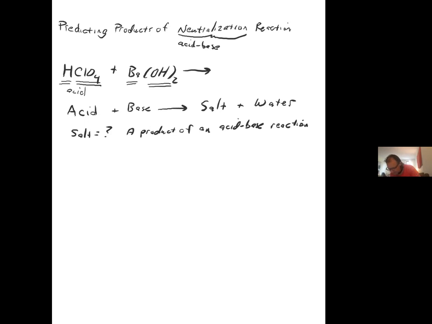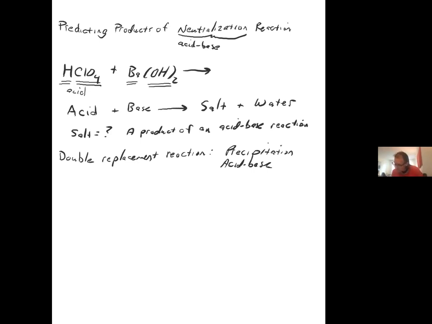Remember we talked about how precipitation reactions were what we call double replacement. Well, so are acid-base reactions. Not always, but very often they are, and for this particular type of problem, they are.